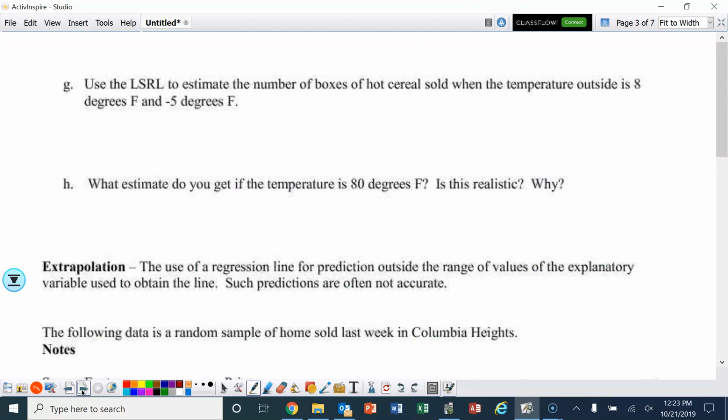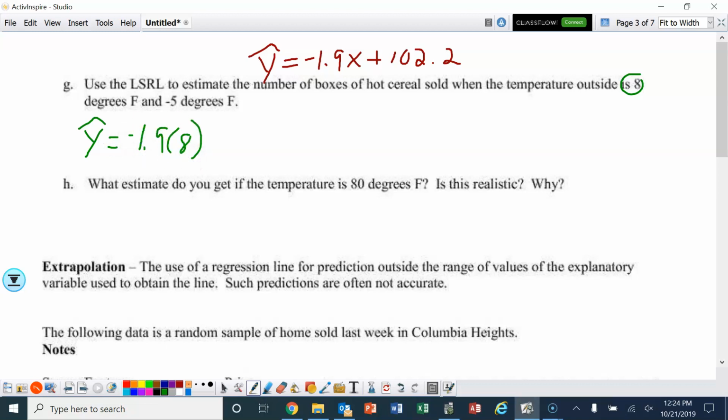Use the least squares regression line to estimate the number of boxes of hot cereal sold when the temperature outside is 8 degrees. So again, I've got y hat equals negative 1.9x plus 102.2. All right, so here we go. So we're going to do 8 degrees. So y hat equals negative 1.9 times 8. Again, the y hat is for predicting. Plus 102.2. So what do we predict?